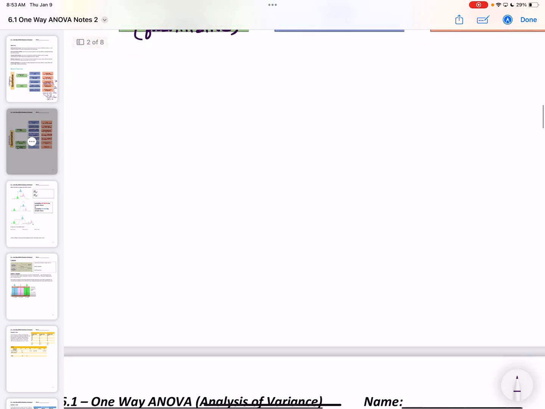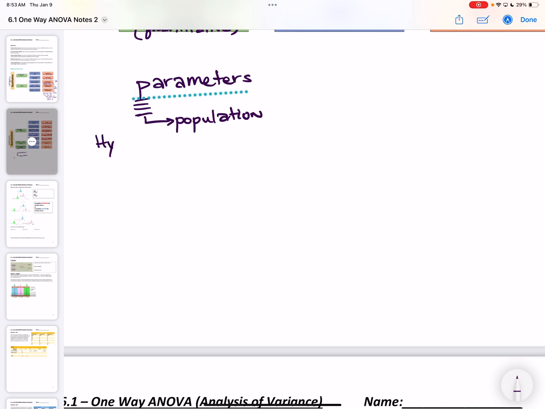So real quick, let's just review a few parameters. Parameters are about which one, the population or the sample? Population. Remember, keep P with P, okay? So this is what we write in hypotheses, all right? So examples of some parameters, if you're looking at averages, what would that be?